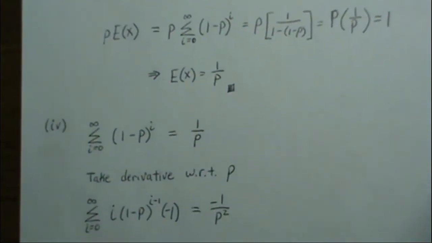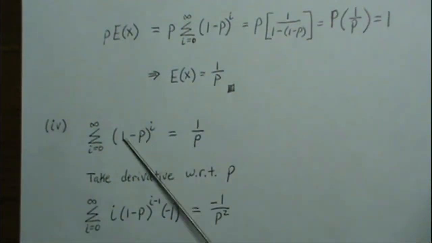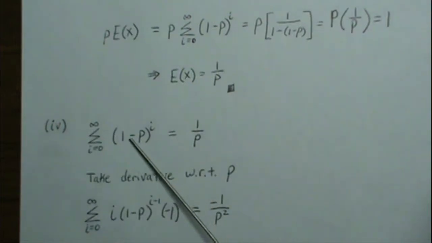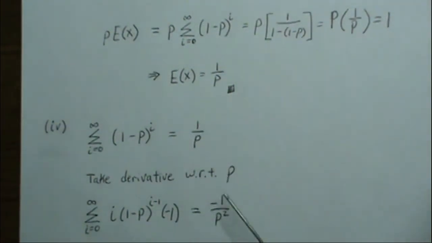So if we take the derivative here, it's i out front, and then 1 minus p to the i minus 1, and then times the chain rule, the derivative of p, you get minus 1. And the derivative of this is going to be minus 1 over p squared.